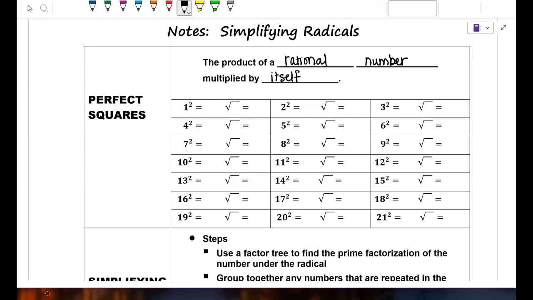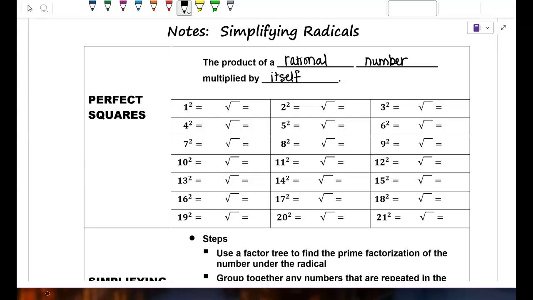And I'm going to have you fill out a chart here. Now, I really think you should know the first 20 perfect squares. This one goes to 21. It was 3 columns, so it doesn't hurt us to add 21 in there. Because the more perfect squares we can recognize by sight, the easier it makes it in simplifying these radicals.